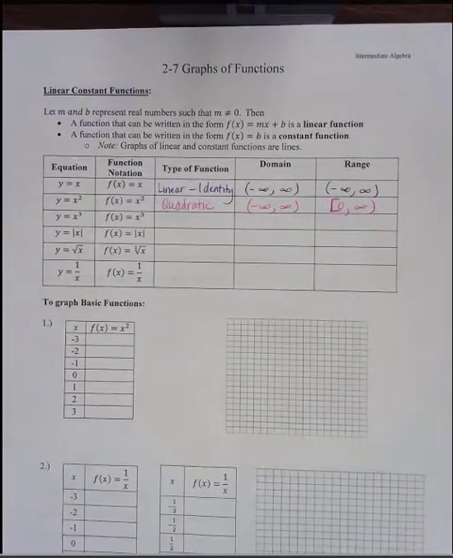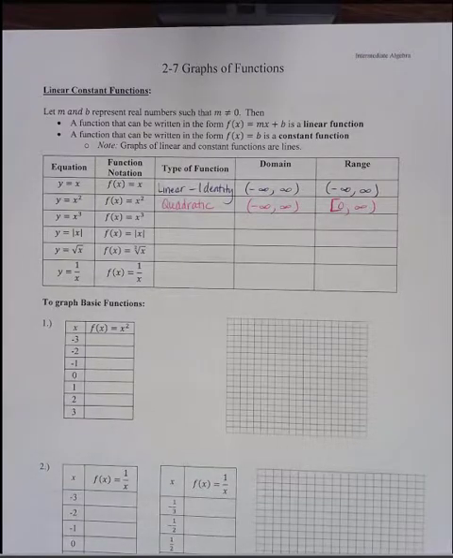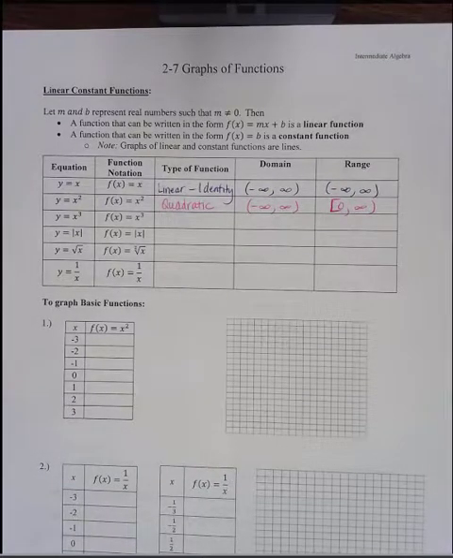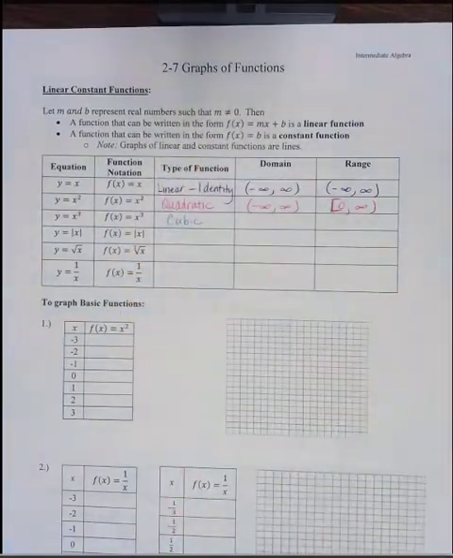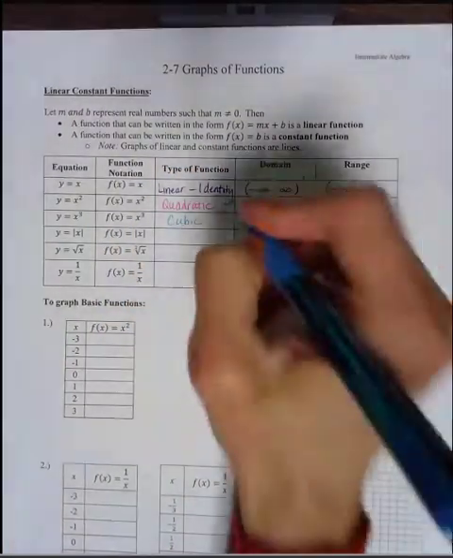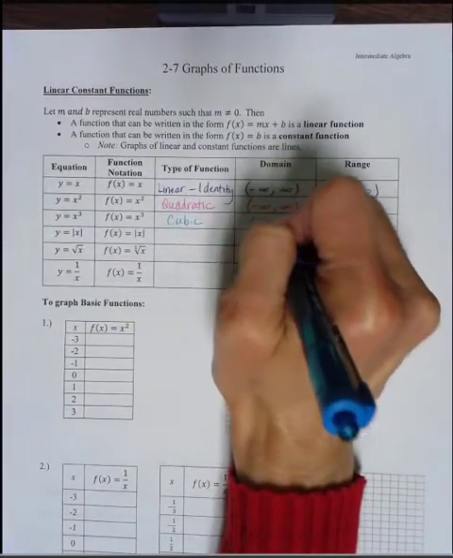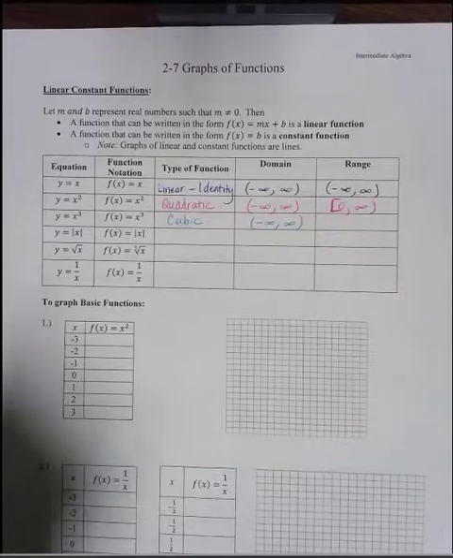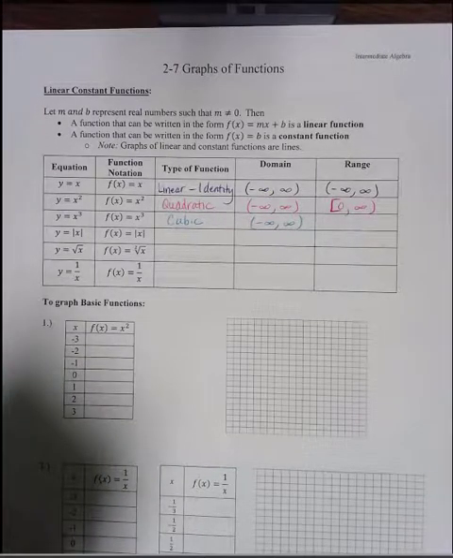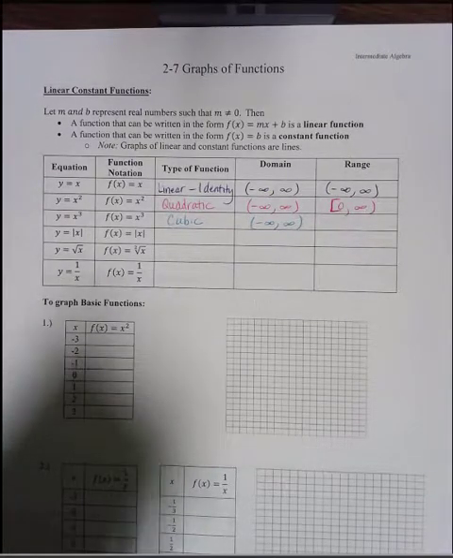Okay, the next function hopefully should be somewhat familiar as well. We have x cubed, which we would call a cubic function. And just like the previous two, it has unlimited domain. And let's take a look at its graph.